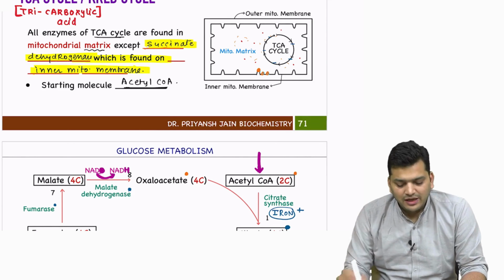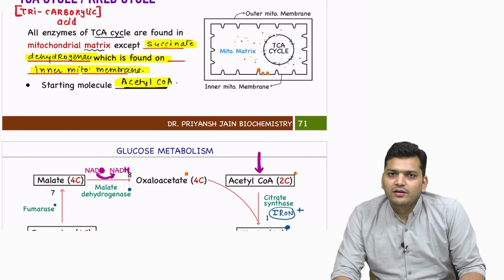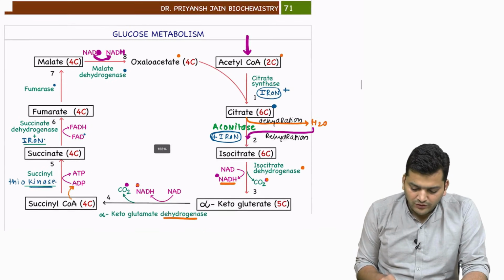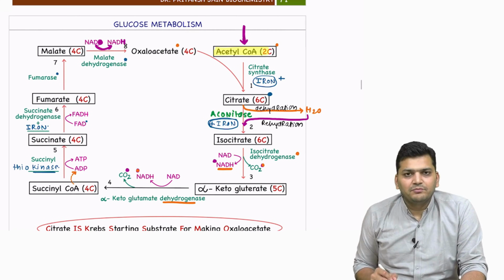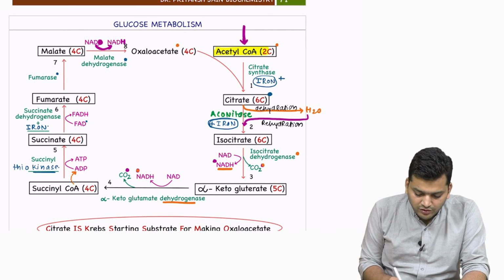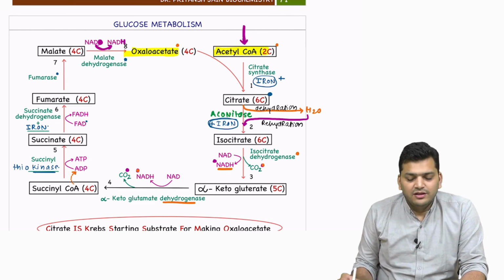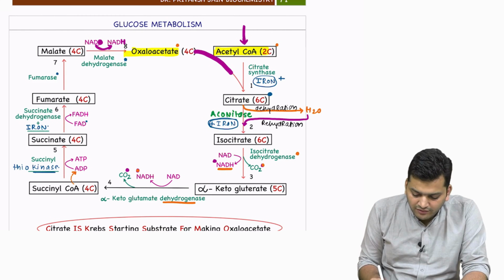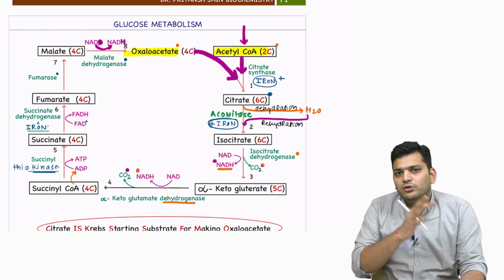Who is going to start the Krebs cycle? It is the acetyl-CoA. So the acetyl-CoA molecule will come and start the Krebs cycle. It will do all these 8 reactions and ultimately it is going to convert into oxaloacetate. Now this oxaloacetate molecule will again unite with the next acetyl-CoA which is coming and make citrate and will again do the reaction.